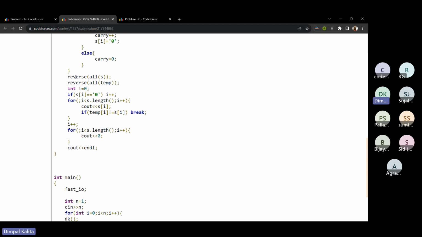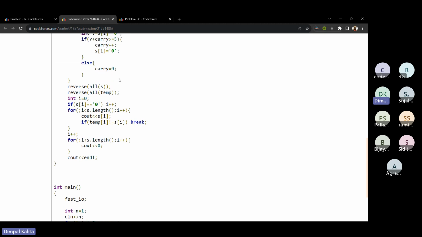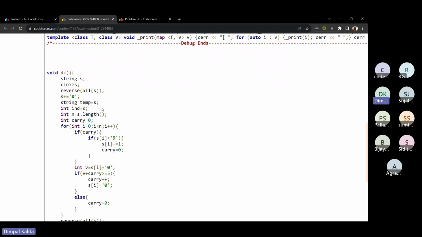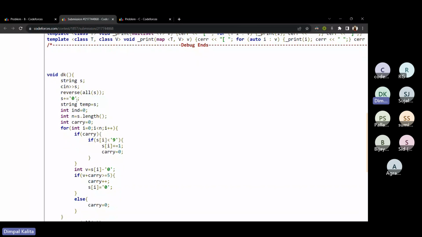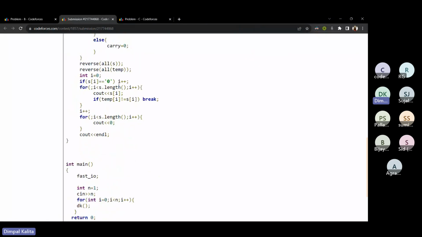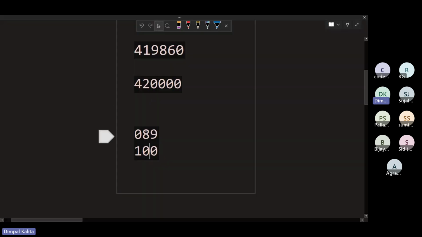Then what I've done is I reverse back the whole string, because I reversed it previously, so I have to get the string back again. I reverse the string and I initialize a variable i equal to 0. If s[0] is still 0, like the first index, since I had added the zero to the string, I increment i, because I don't have to output this 0.